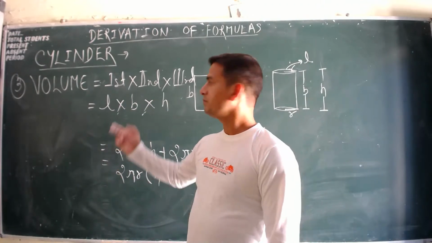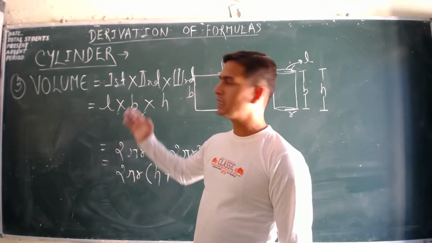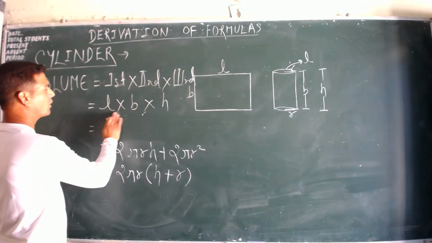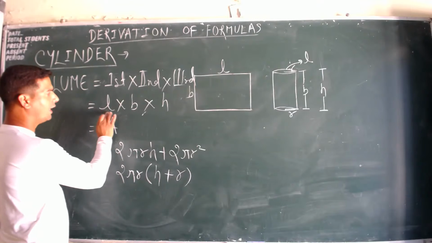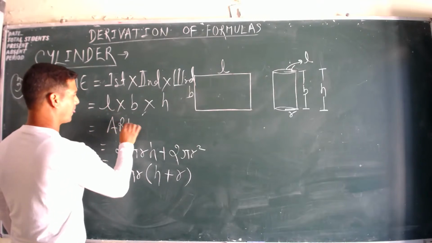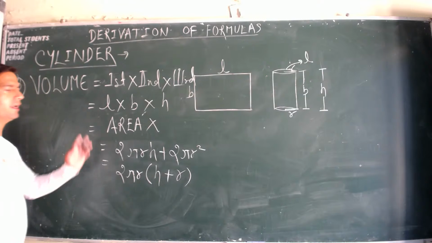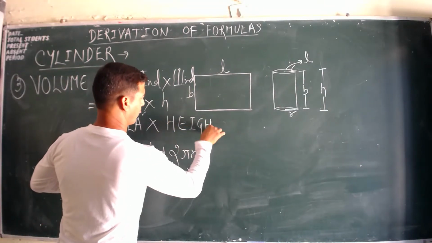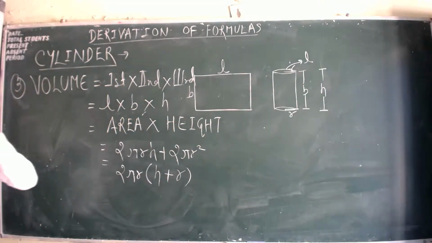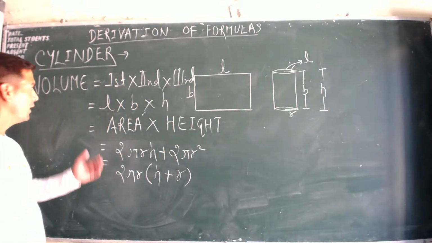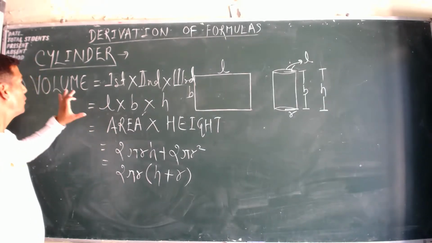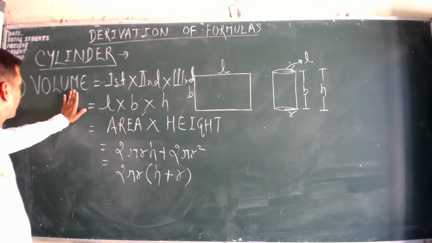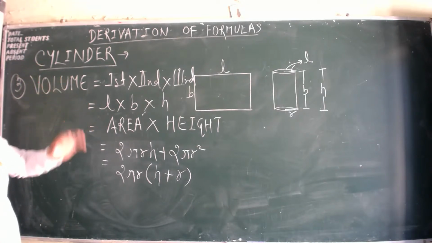Now, let the first side be length, second breadth, third height. So, length into breadth will give you area. And h is height. Got it? I am making a general formula. Till now, I am not coming to the volume of cylinder. Here I am taking the volume of a general figure.